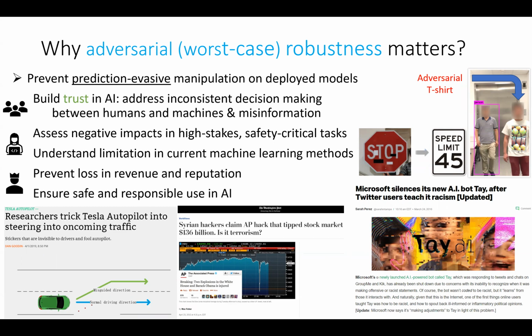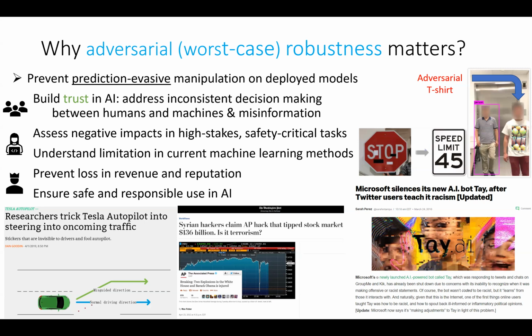For example, there are many failure modes and negative use cases that have been demonstrated over time that attract users' attention and eventually make users not trust the AI service we provide. These examples include digital adversarial examples as well as physical world scenarios that try to manipulate data inputs and make the machine learning model make incorrect decisions, including the recent ChatGPT, which could be misguided or misled by users' intended questions.